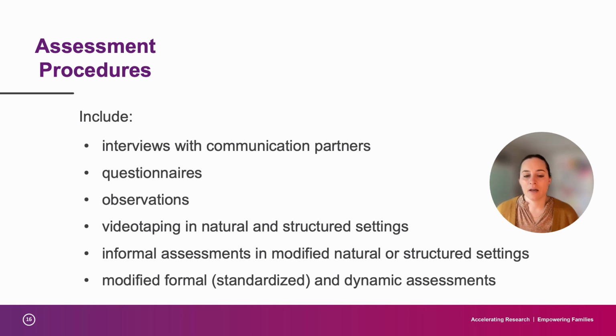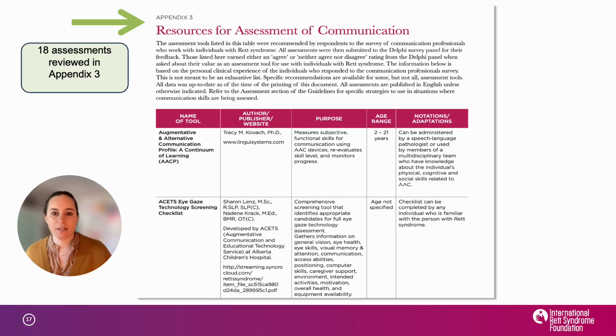And you want to use a combination of informal and maybe modified formal assessments that are dynamic. For more assessment ideas, there are 18 different ones listed in the Appendix 3 of the Communication Guidelines.